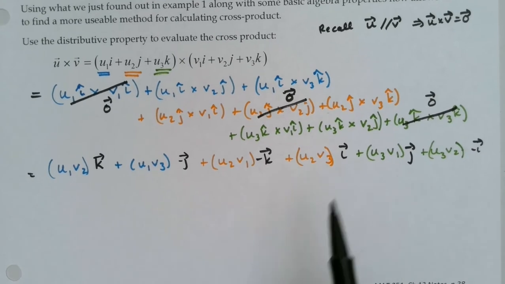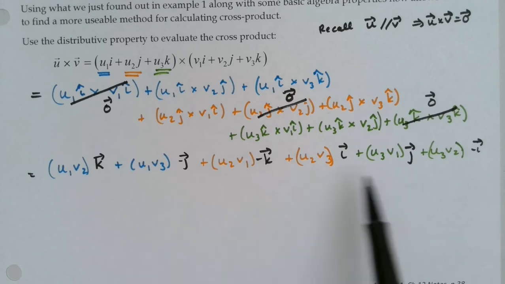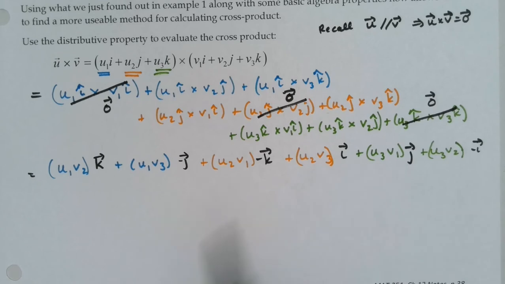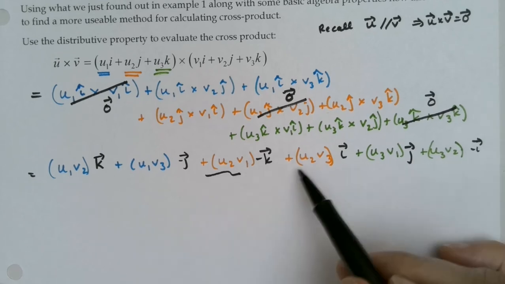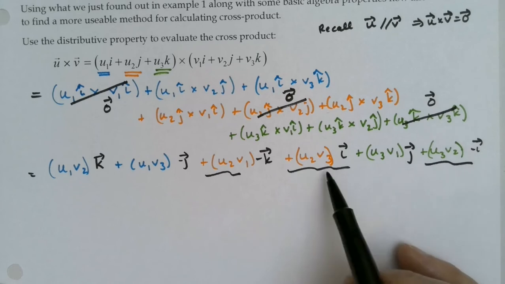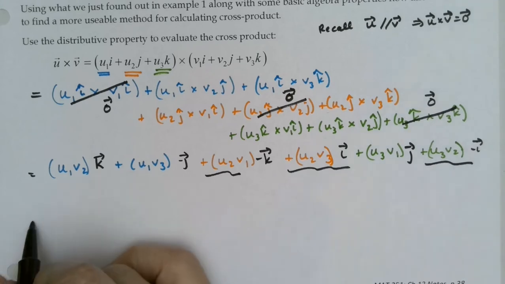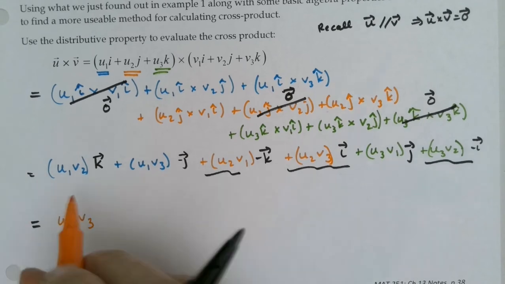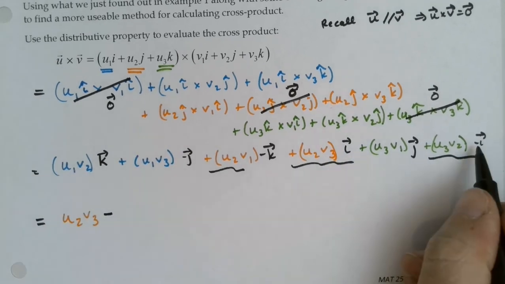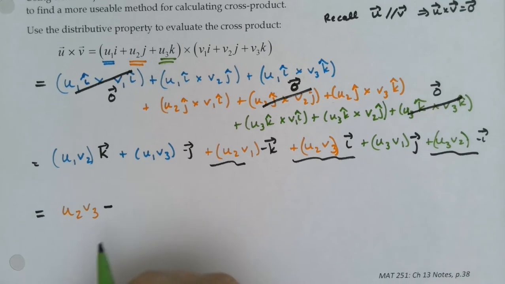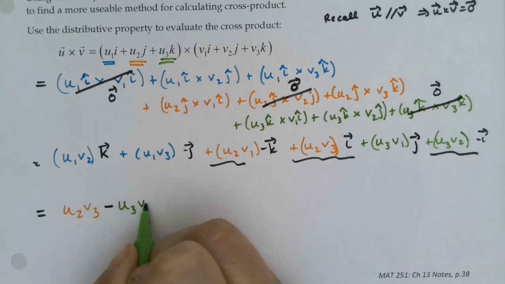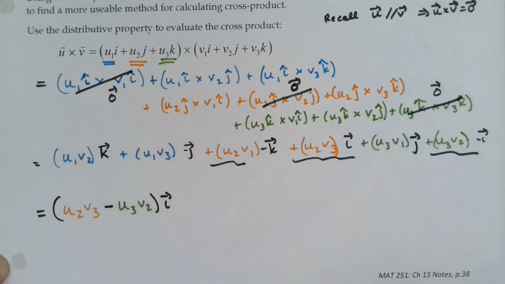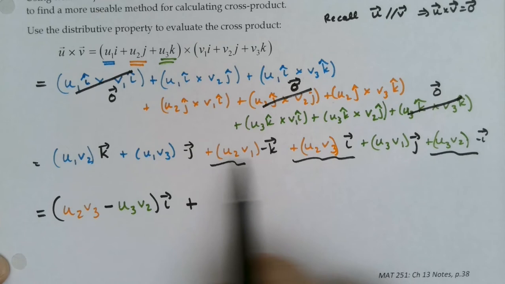All right, so now I can combine together the things that are alike. So for example, let's put the two i ones together. Those will go together and we can make it equal to u2v3 minus, because there's a negative i on that, u3v2, all times i. Plus, now let's take the two j ones.